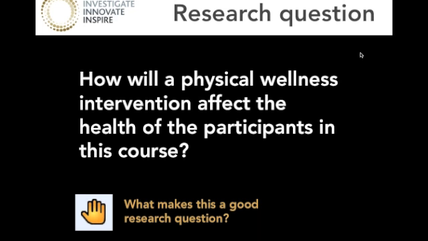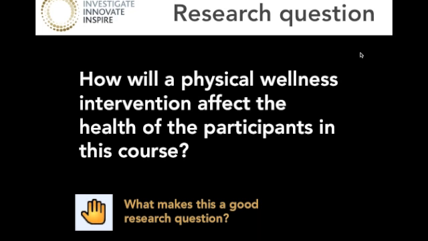Absolutely. In a research question, sometimes it's difficult to strike the balance between putting too much detailed information into the research question and not putting enough. Some of the things that Barbara pointed out, the fact that it is a complex, open-ended question, the how will rather than does physical wellness affect the health of the participants in the course, is a really good first thing to look at to make sure that the question can't be answered by a simple yes or no answer.